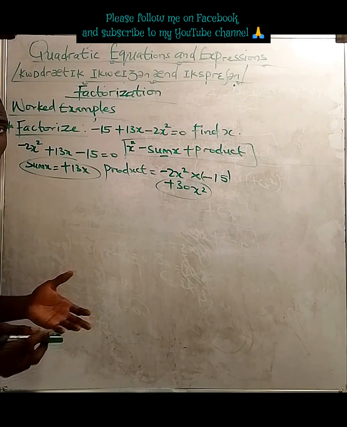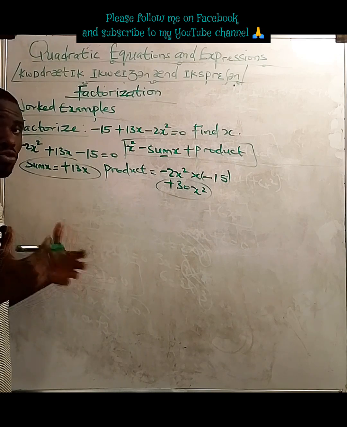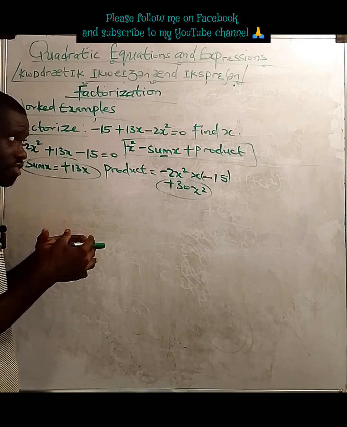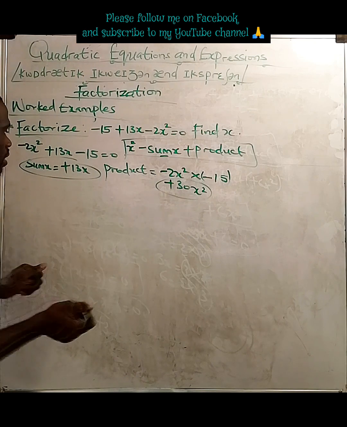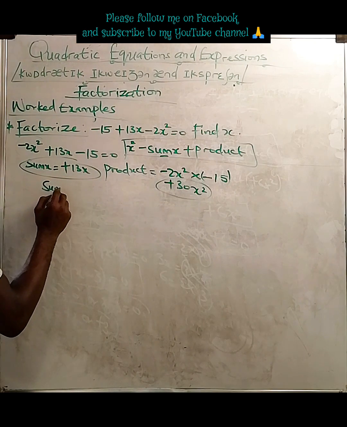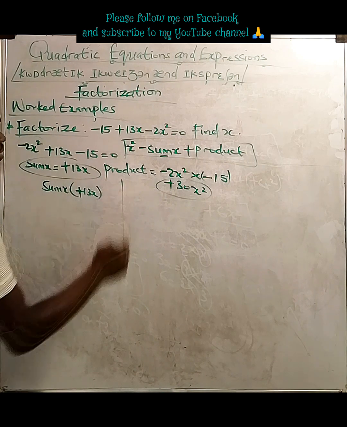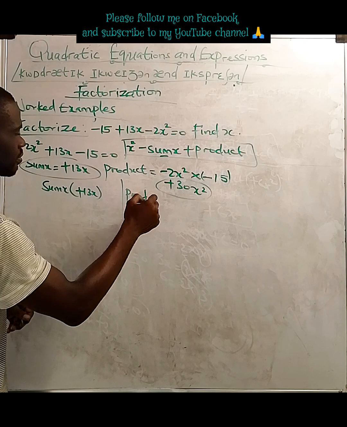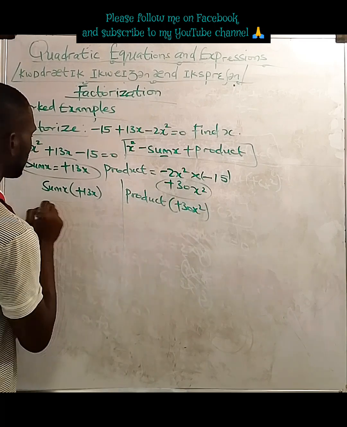So the next thing we're going to do now is we're going to draw our table. We're going to look for the two factors we're going to bring together that will give us the product and also give us the sum x. So first of all, the sum x plus 13x, then the product plus 30x squared.